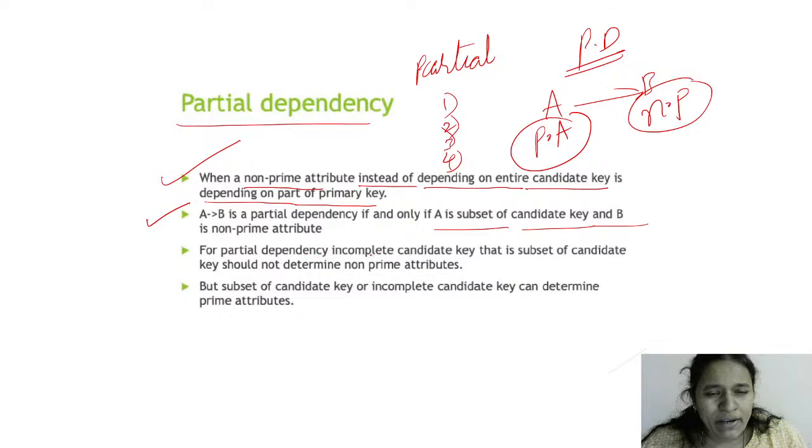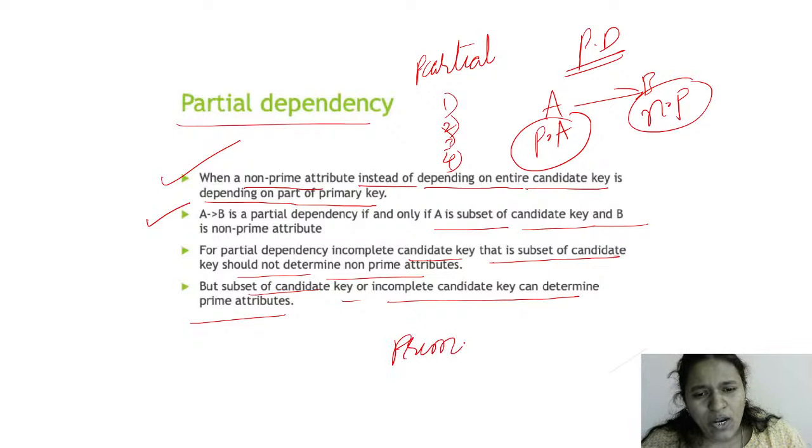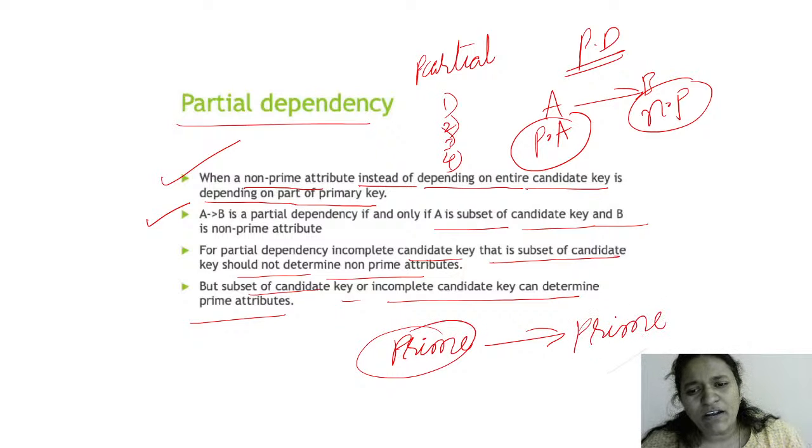An incomplete candidate key, that is a subset of candidate key, should not determine non-prime attributes. But a subset of candidate key can determine prime attributes. Prime to prime is allowed in second normal form, since prime means a subset of candidate key, and this is also a subset of candidate key.